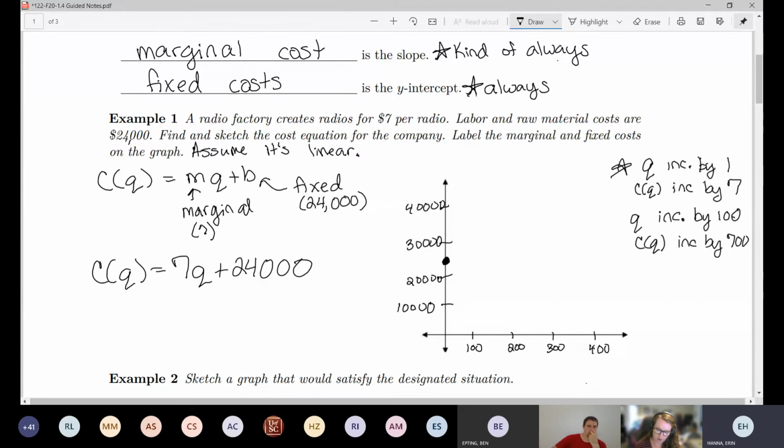When I go over to 100, I'm going to increase my cost by 700, which makes it 24,700. That's just above this one. If I increase to the next 100, I'm going to increase the cost another 700, so add 700 to that and we get 25,400.